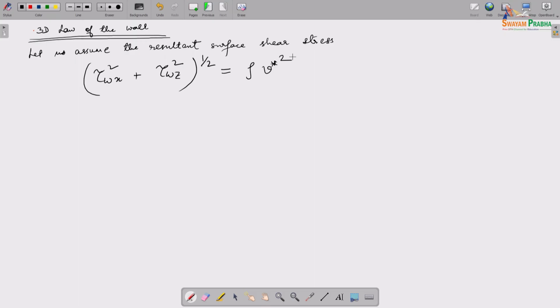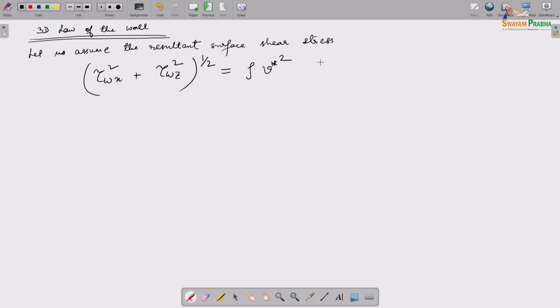So, let us assume that the tau wall in the x direction and z direction, I am taking the resultant of that and I am going to call that this. So, let us assume that this has been measured. I am able to measure this in a 3D boundary layer.